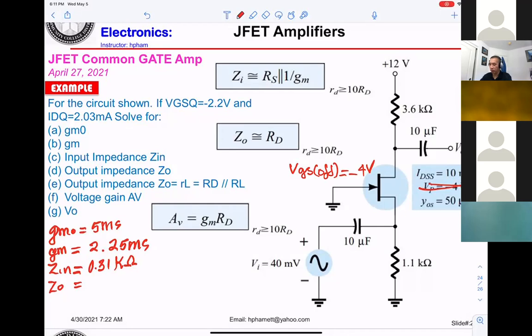Yes, I got 0.312. Yeah. Zout is 3.6 kilo ohm. Exactly.